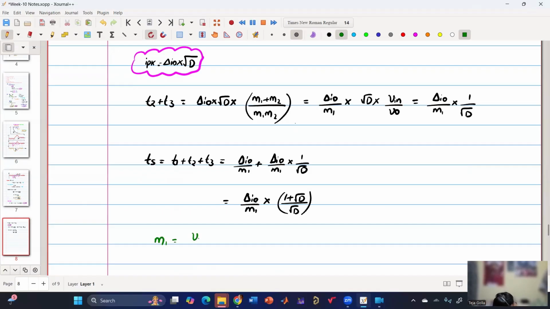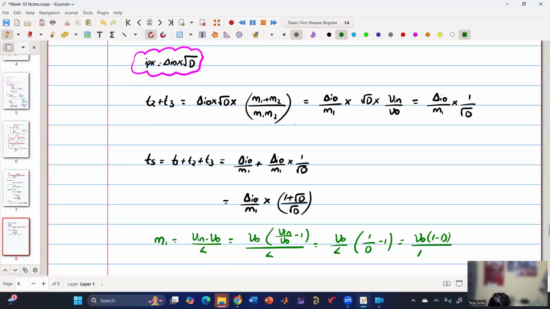M1 is V in minus V0 by L. If I take V naught constant, I will get V in by V naught minus 1 by L. And V in by V naught is what? 1 by D, right? So I'll get 1 by D minus 1. So if I simplify, I'll get V naught into 1 minus D by L into duty ratio. Agree?